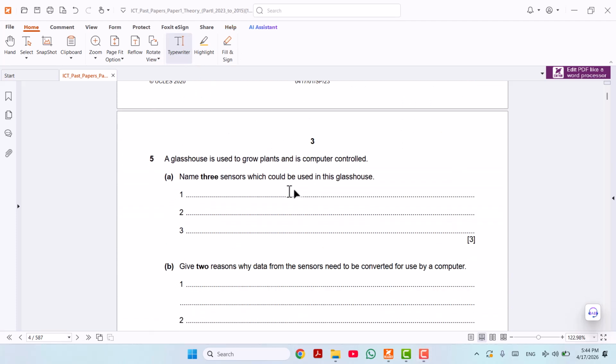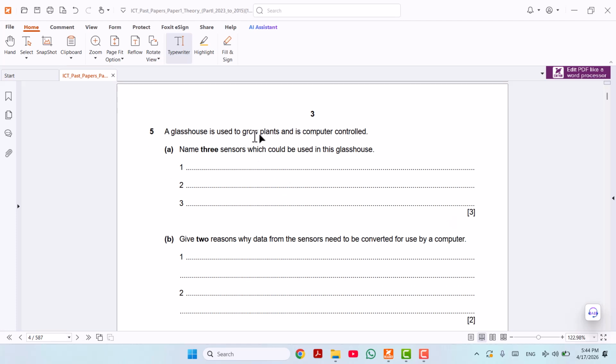Good, question number five. A greenhouse is used to grow plants and it is computer controlled. Name three sensors which could be used in this system. We took the greenhouse in chapter one, also about the sensors that can be included inside it to keep everything alright. We have many sensors that can be built, but they asked me to write three only because it is 3 marks only.